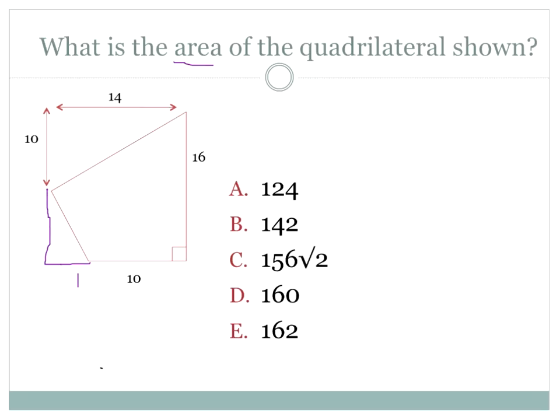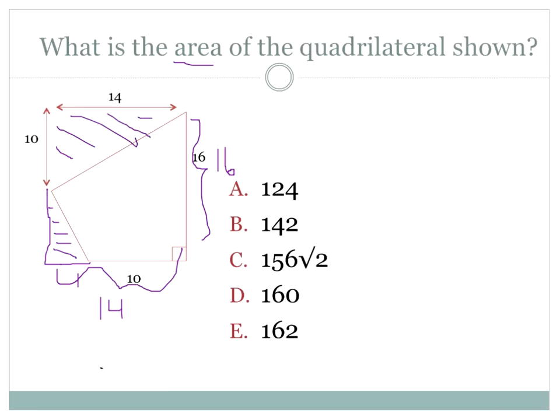So if we turn this into a rectangle, we would have a base of 14 and a height of 16. Okay, well that's going to help us, but what about these pieces right here? What do we need to do with those pieces? Because they're not part of our quadrilateral or this rectangle.